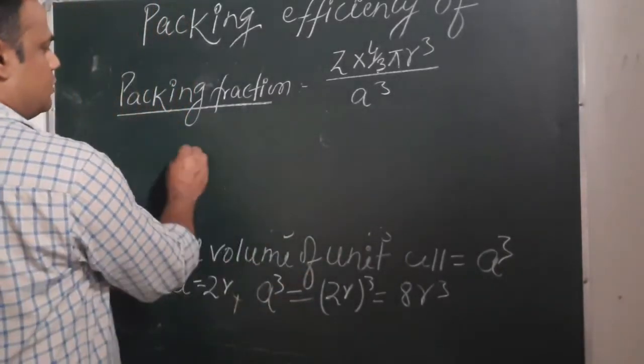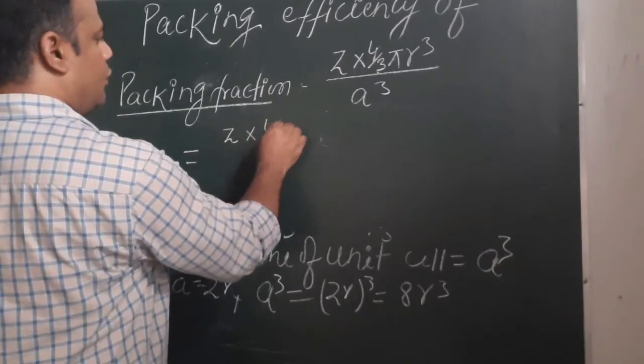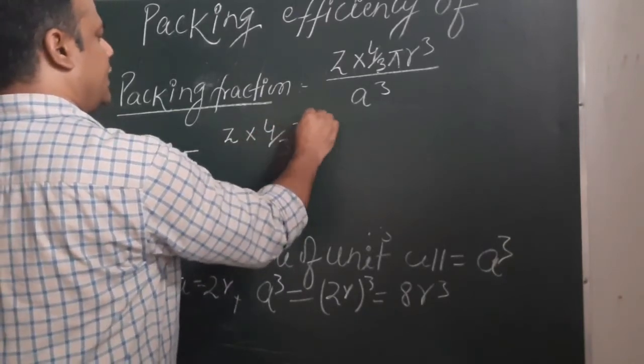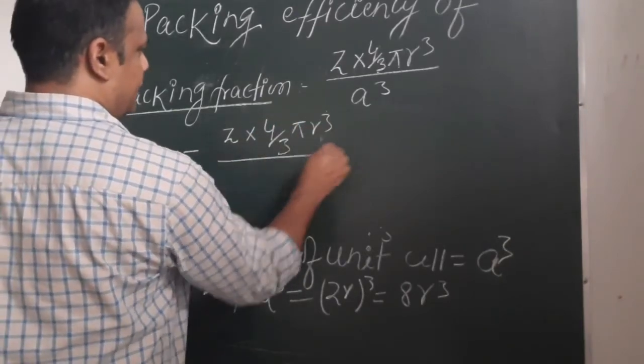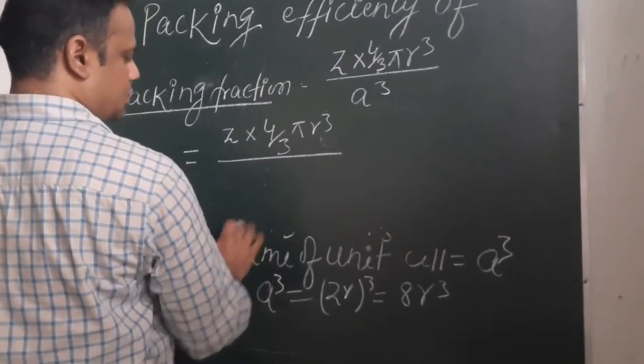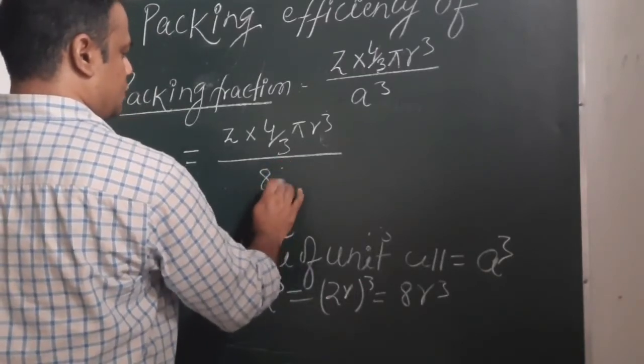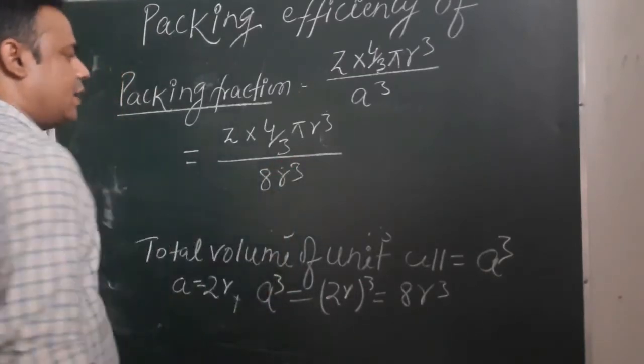So we can write Z into 4 by 3 pi r cube divided by (2r) whole cube, that will be equal to 8r cube. If we take the cube of 2r, we have 8r cube.